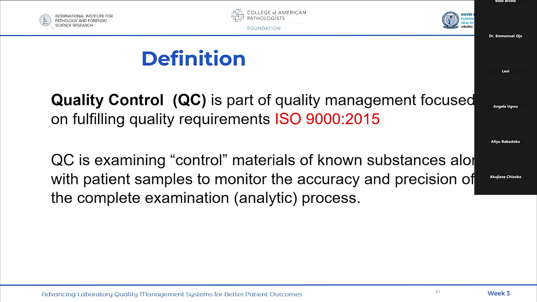When we get to these other ISO standards, references are made to ISO 9000. So QC is examining control materials of known substances, like I said, either before or along with patient samples, to monitor the accuracy and precision of the complete process. I've said this before, that QC is done to ascertain that the system is actually ready to take on the patient sample.